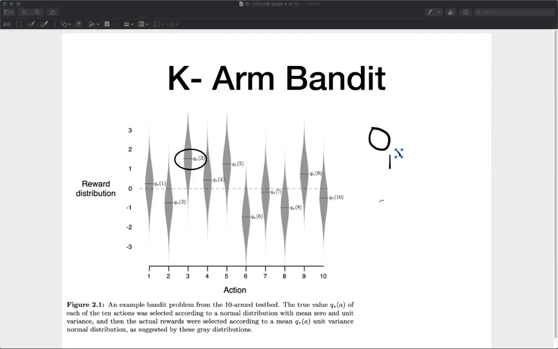Okay, so we'll say that Q for a specific action is just the average of the returns you get, the returns for all the points in time, given that you took a specific action. The action at time t was this eighth action.